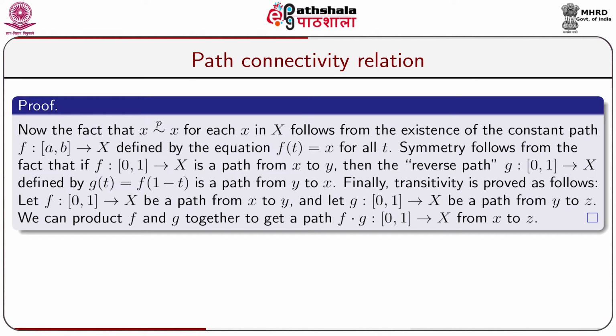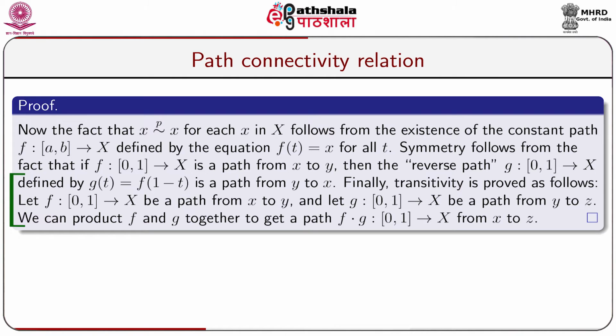Now, if we define g from [0,1] to X by the rule g(t) = f(1 - t), then g starts at y and ends at x. That means y is related to x, hence x and y related implies y and x are also related. That means the relation is symmetric.